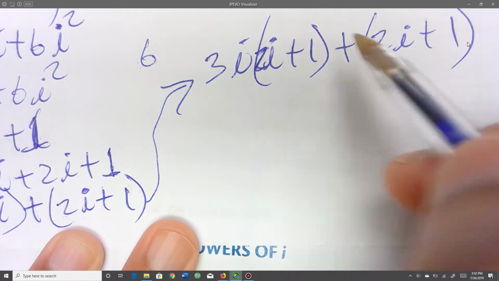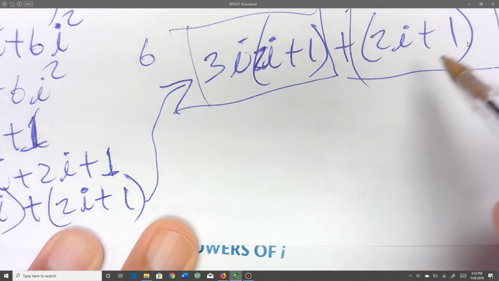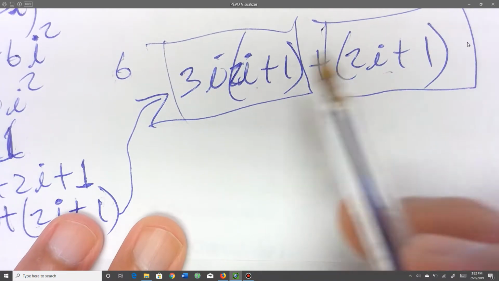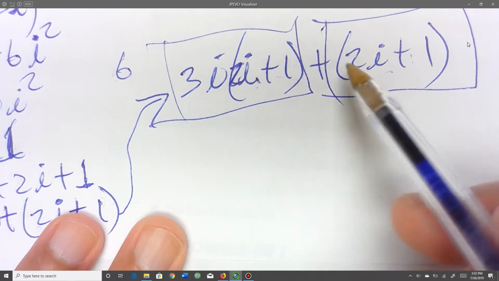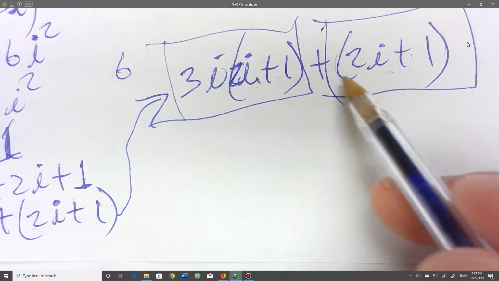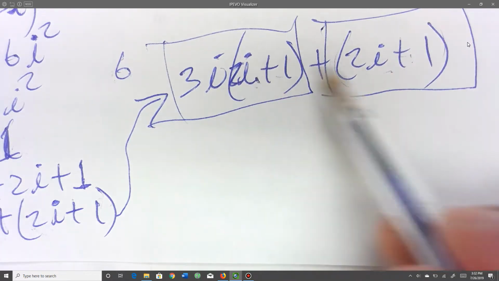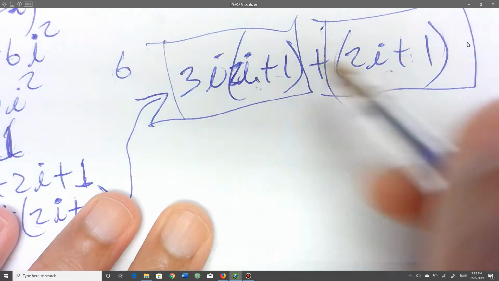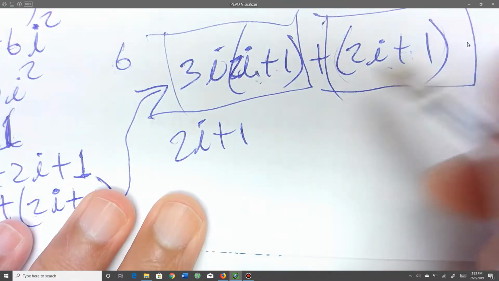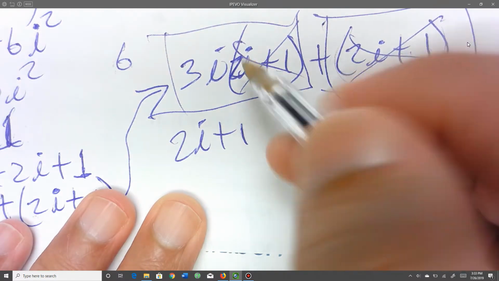Now I have 2 different terms, and I can see that they have common factors. This would be the factor, and 1 you can think of as being the other factor. So this whole thing is a factor, and I can factor it out. 2i plus 1, I'm done with those factors.